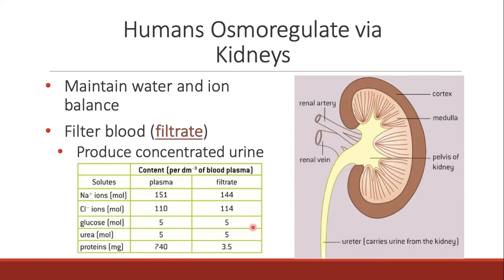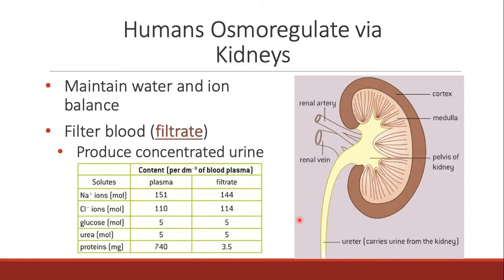Glucose, we pretty much are going to have the same amount of glucose come out that came in, for the same reason as with proteins. We'll talk about why the glucose ends up going from the plasma to the filtrate and then coming back into the blood, but you should have a 5 here if we're talking about what's in the renal vein, because we pull back all that glucose. And let's just talk about it now.